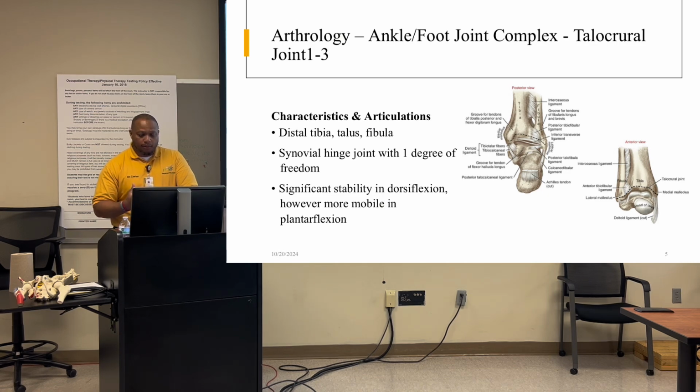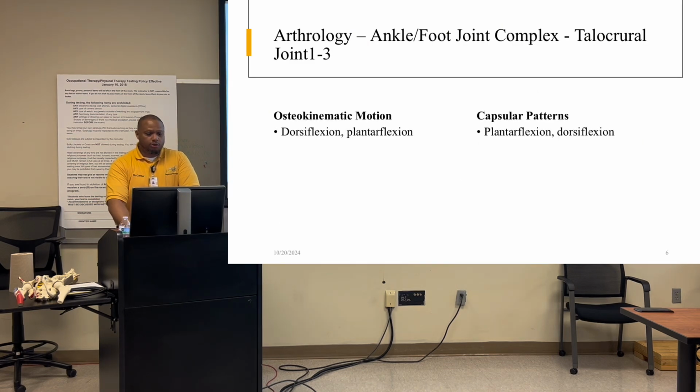Also, with dorsiflexion, we have a more dense or greater resistance due to the thickness of the Achilles tendon. So you have a structure that is going to provide greater resistance to dorsiflexion than the structures that resist plantar flexion. Your osteokinematic motions at the talocrural joint, as I said earlier, are dorsiflexion and plantar flexion.